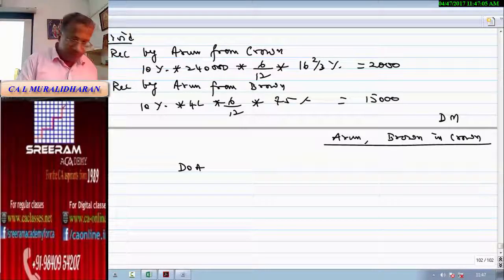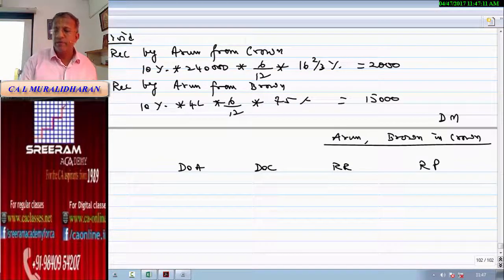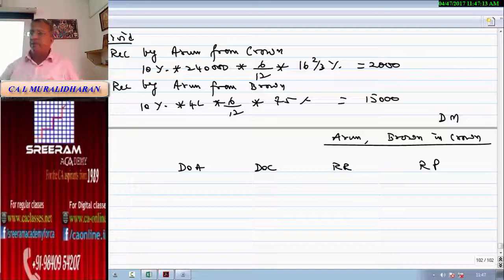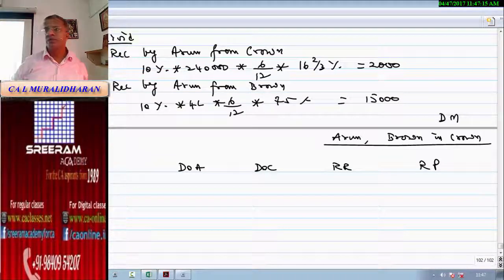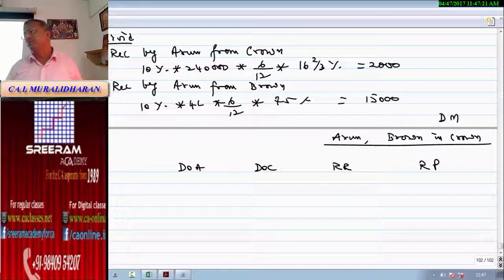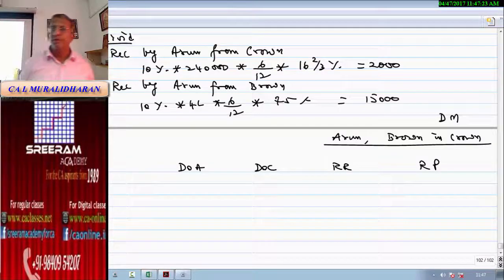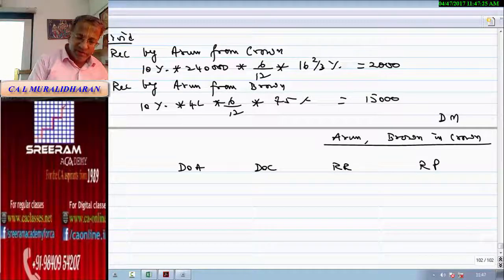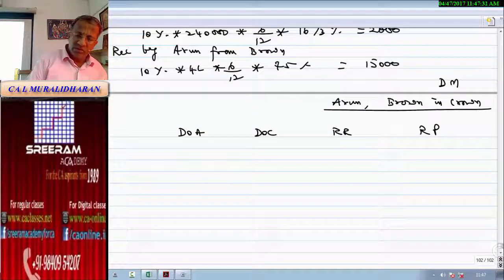DOA, DOC, RR and RP. For this RR and RP we will have some extra space because we have to provide space for parent as well as subsidiary, because parent also is holding, besides subsidiary holding, major share in sub-subsidiary. Equity share capital, general reserve, profit and loss account, unrealized profit.